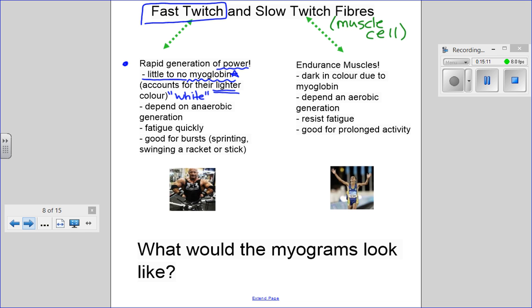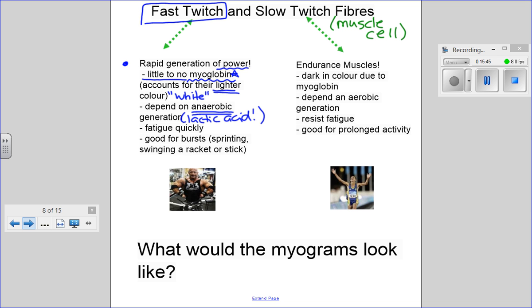Now, because they have little to no myoglobin, they depend on anaerobic energy generation. So you know from the last unit that when a cell does not have oxygen readily available, anaerobic respiration or fermentation is what is happening. That means that in these types of muscles, lactic acid will be produced quite soon.